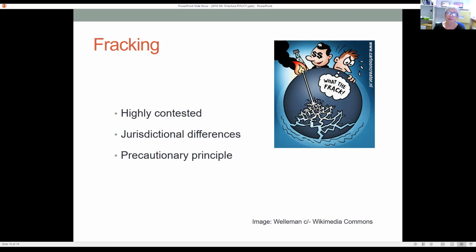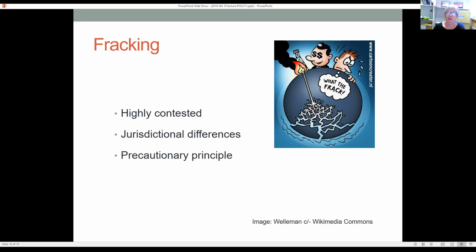Many people in the health industry are really urging governments to take a precautionary approach about fracking, but the industry says that they should be allowed to self-regulate. As we have seen on many occasions, industries are often not good at self-regulation, and we need some firm policy guidelines around this to protect the health of the public.